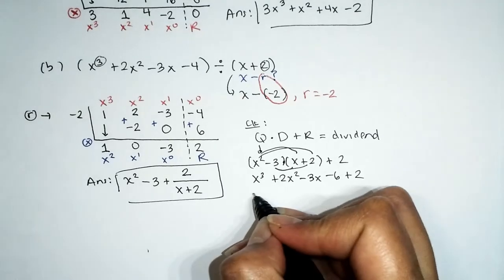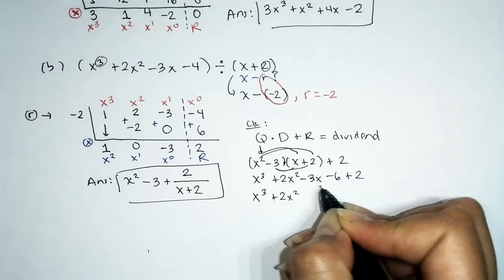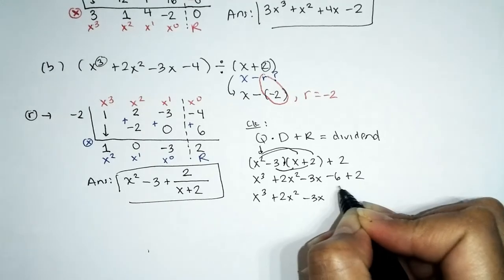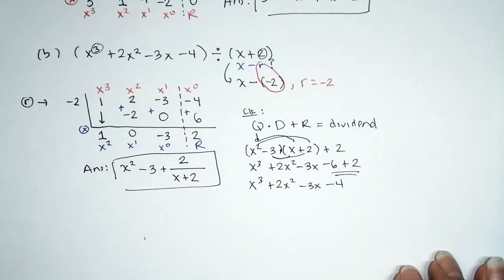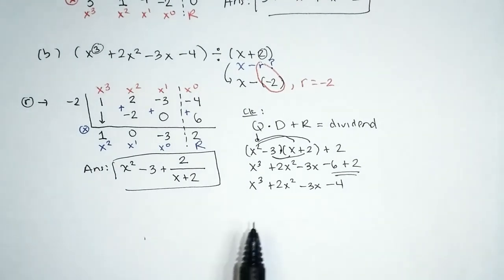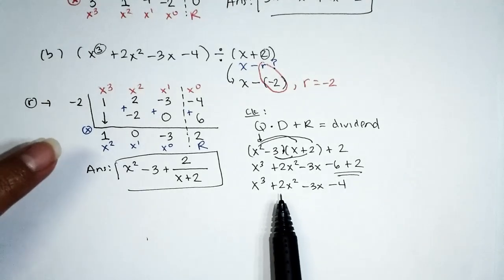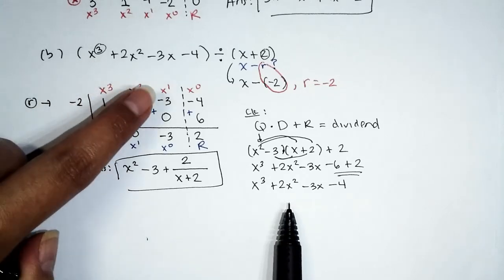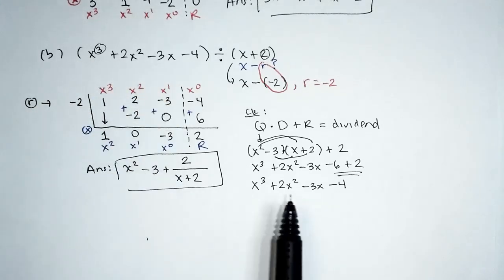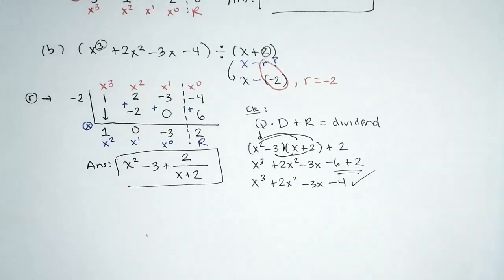We have 1 degree 3 term, 1 squared term, 1 x term, and the sum of the constants will give us -4. Hopefully I didn't make a mistake, because I'm not trying to do this video again. Did we get back the dividend, what we divided into? x cubed plus 2x squared minus 3x minus 4. Oh, I'm crying. Tears of happiness. We totally nailed it. Alright, thanks guys.